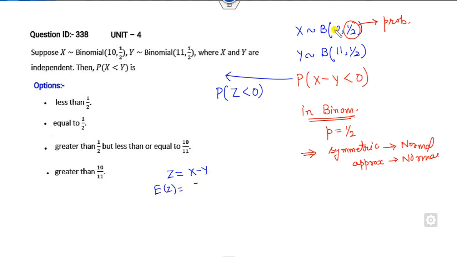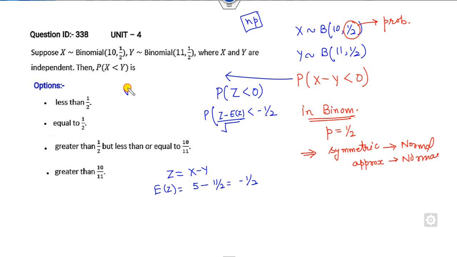Expected value of X is np. Remember, the mean is np. So this is 5 minus 11 by 2. So it gives you minus half. So I can take this as 0 minus half divided by the square root of the variance.